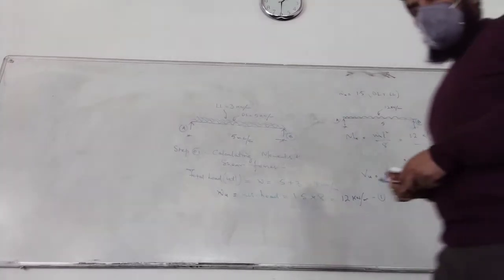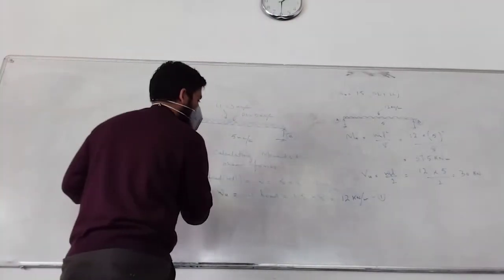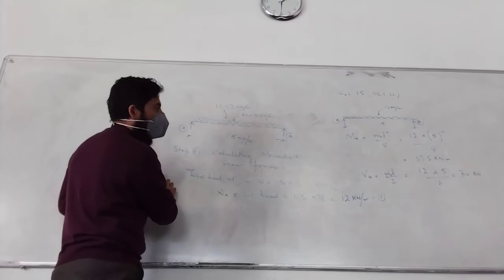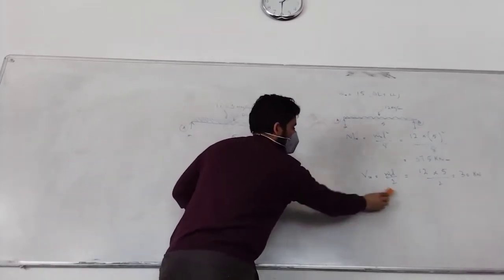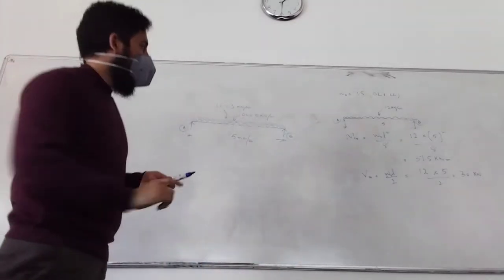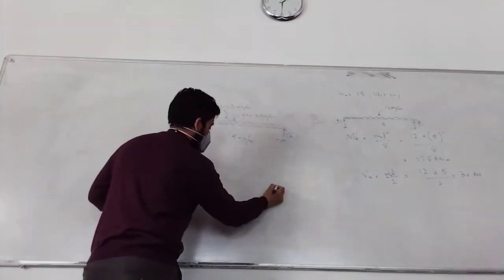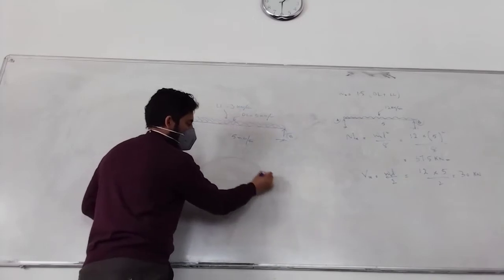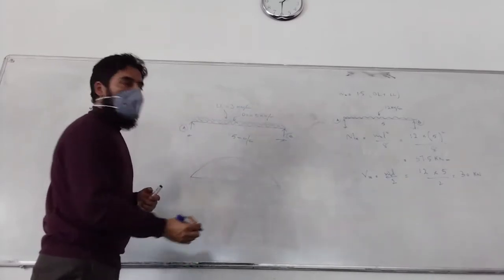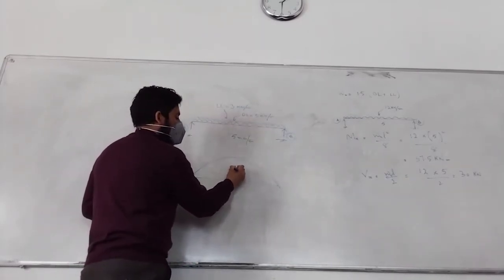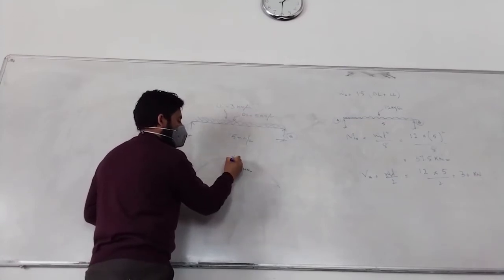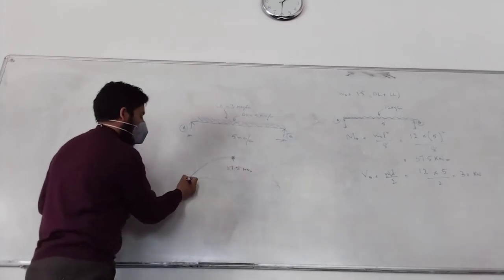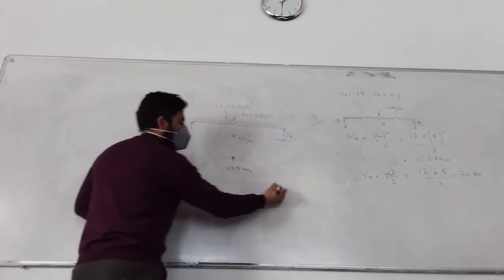Now, can you make the diagram for this? We have 12 kilonewtons per meter. So, what is your bending moment diagram? Like this, 37.5 kilonewton meter at this point, 0 at this point, A point, 0 at the B point.